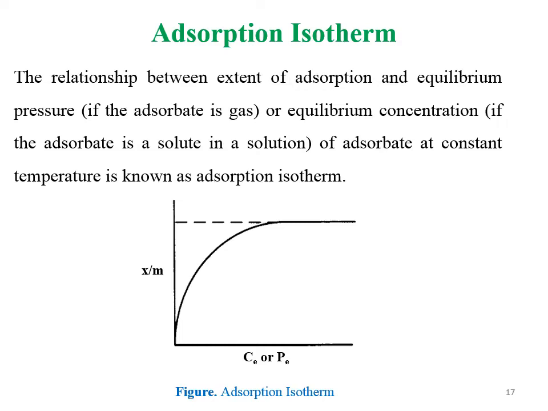In the graphical form, extent of adsorption is taken on the y-axis, and equilibrium pressure or equilibrium concentration is taken on the x-axis. The process is carried out at constant temperature, and the relationship between these two parameters is known as adsorption isotherm.